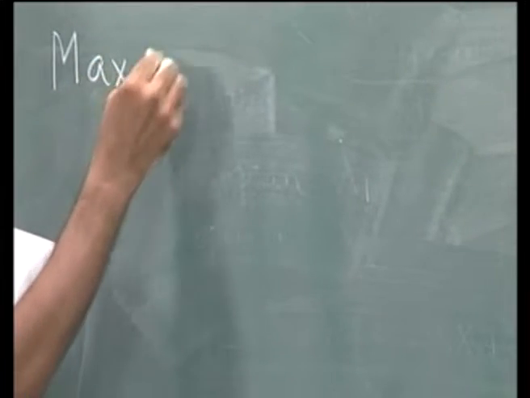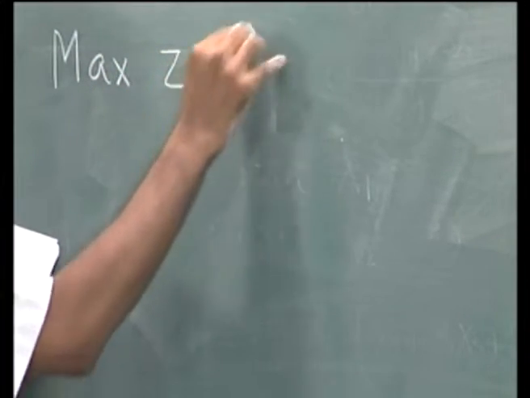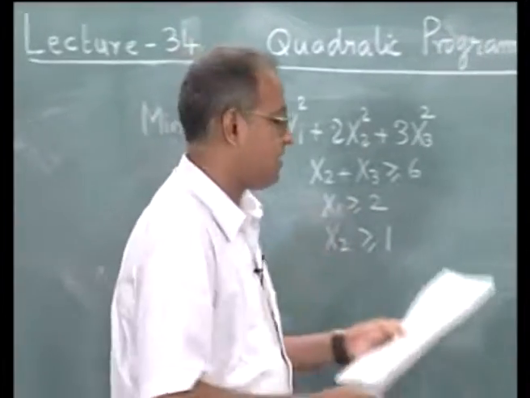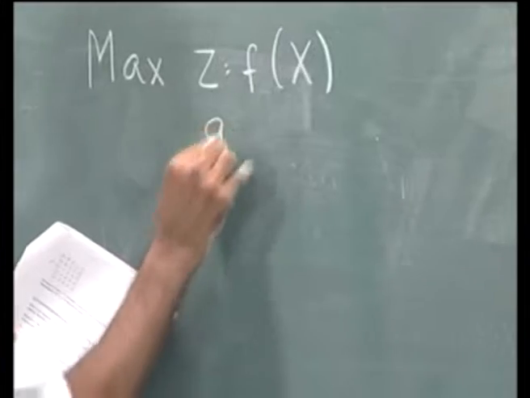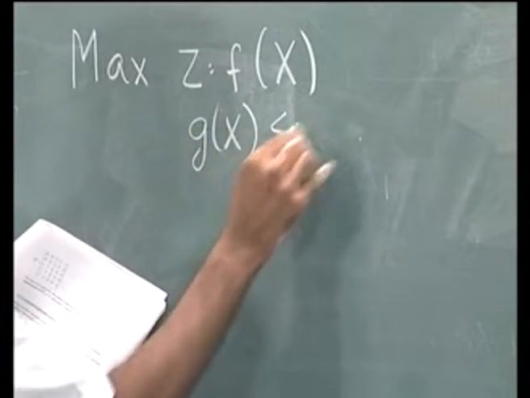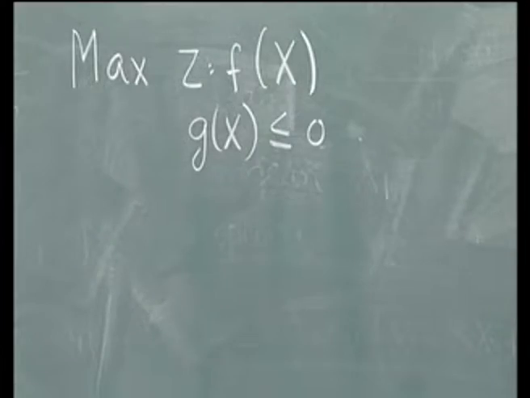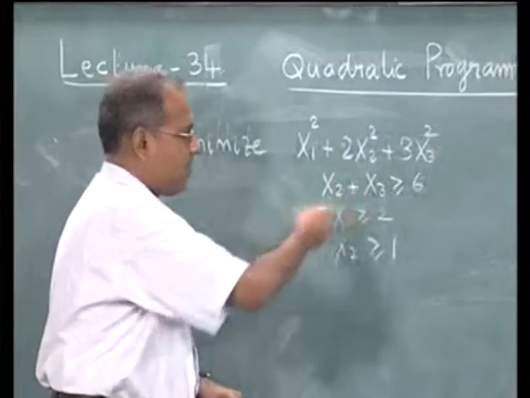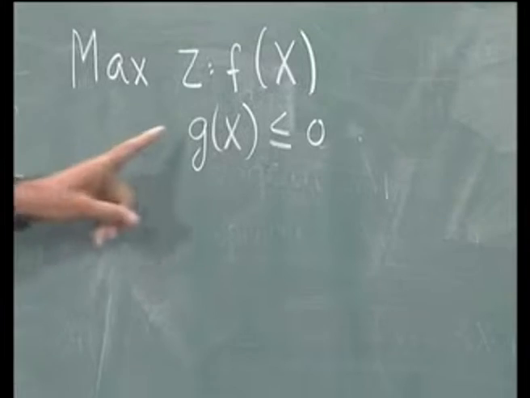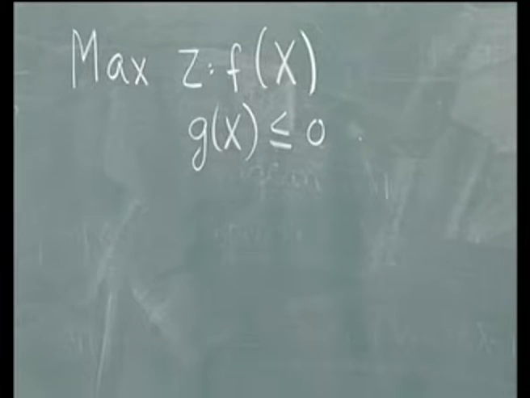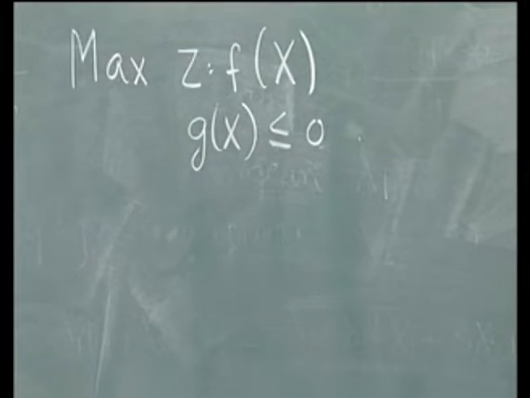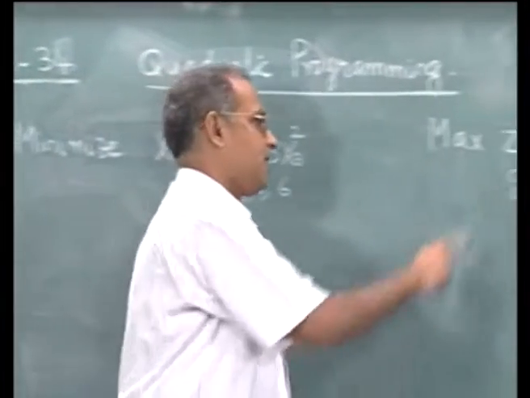If we have maximize z equal to f of x, where x is variables x1, x2 to xn, subject to g of x less than or equal to 0. It is always possible to multiply this with -1 to convert it into g of x less than or equal to 0. So, this is a general form of a constrained nonlinear optimization problem, where the constraints are inequalities.